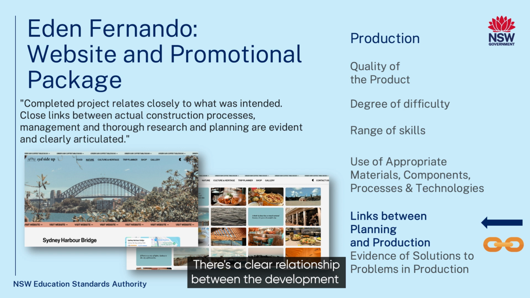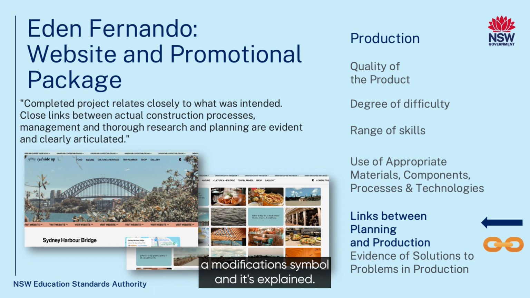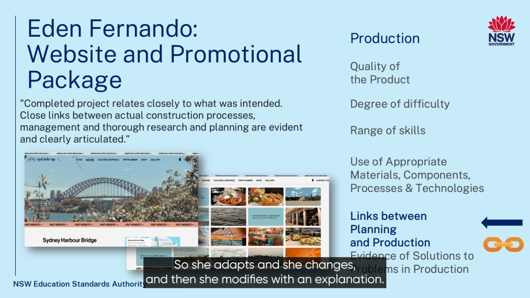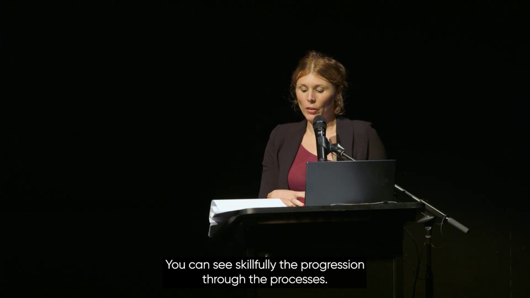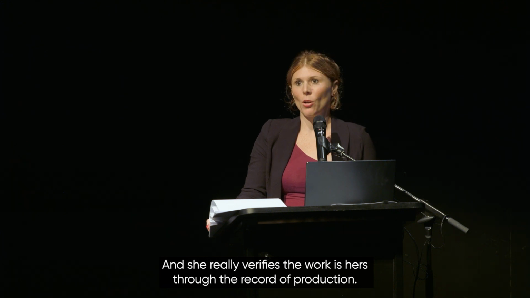There's a clear relationship between the development and the product. And when there's not, there's a change, there's a modification symbol, and it's explained. So she adapts and she changes, and then she modifies with an explanation. You can see skillfully the progression through the processes, and she really verifies the work is hers through the record of production.